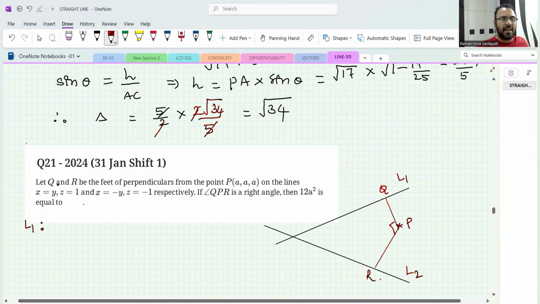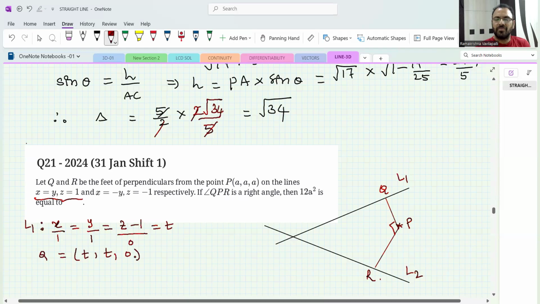Let us rewrite line 1: x by 1 is equal to y by 1 is equal to z minus 1 by 0, equal to t. So what is any point on line 1? Therefore Q is equal to (t, t, 0).